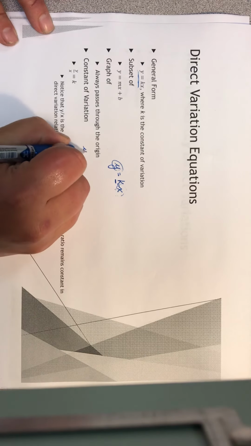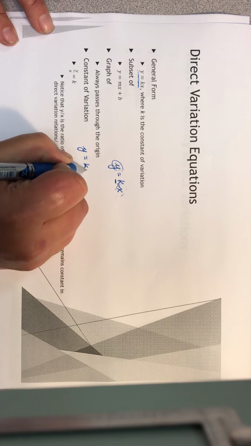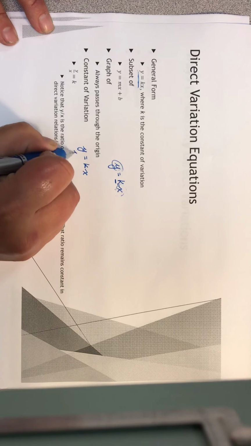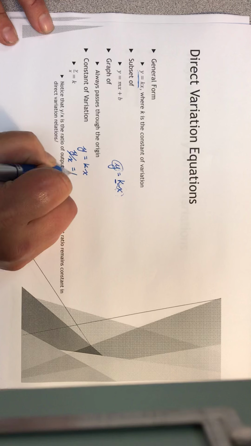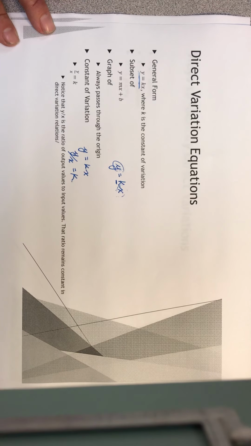So we get y equals kx, divide both sides by x, we get y over x equals k. This might look a little bit like some of the things we did in geometry last year when we were talking about proportions. If it does, good on you. If it doesn't, we'll get there. Notice that y over x is the ratio of output values to input values. Y over x equals k, and that ratio is constant in a direct variation.